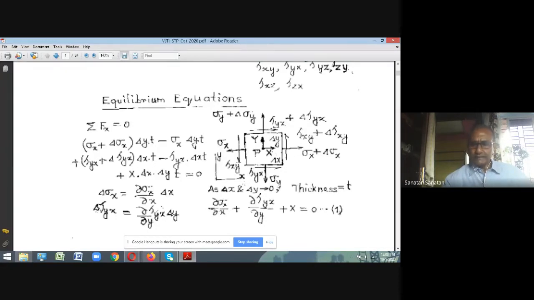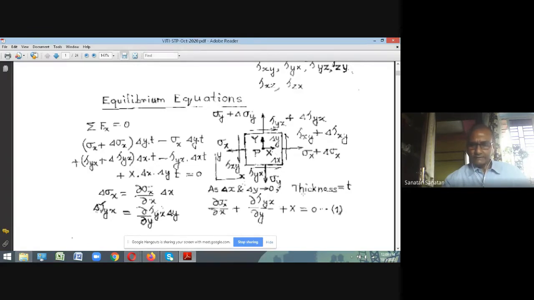So we write the stress intensity on the right vertical face as sigma x plus some increment delta sigma x. Similarly, the shear stress which was tau xy on the left vertical face will change on the right vertical face, and we write tau xy plus some change delta tau xy.